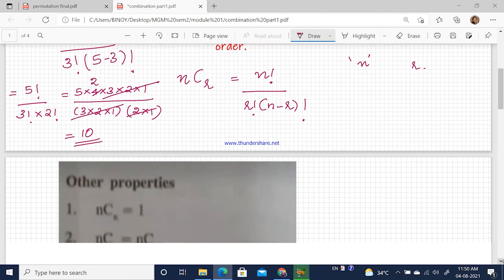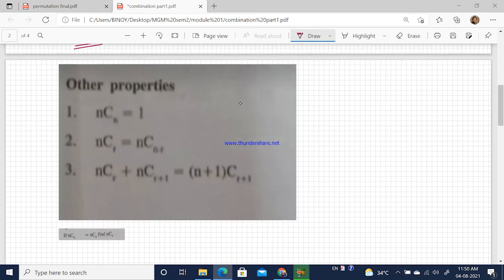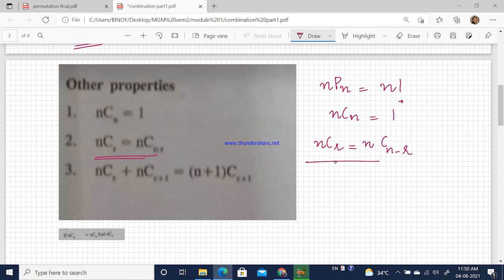Now we are looking at some of the properties of combination. The first property is nCn, which, like nPn being n factorial, will be 1. The second property says that nCr is similar to nC(n minus r).